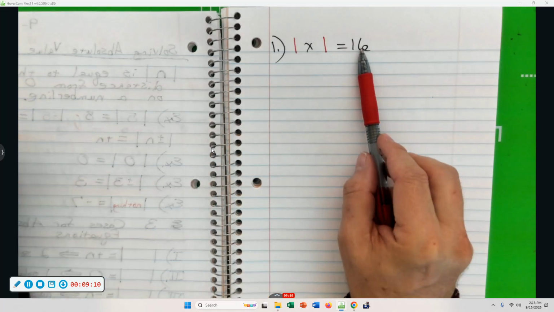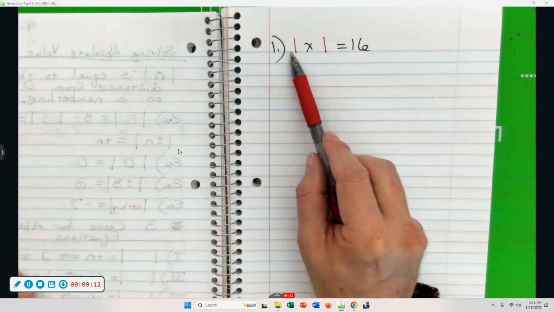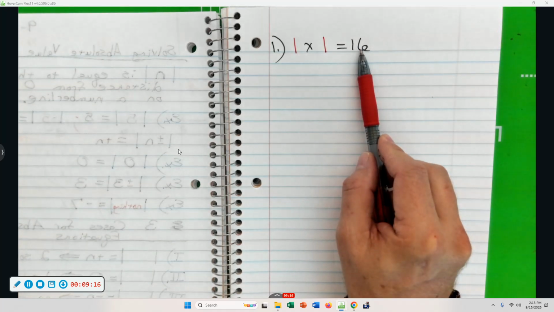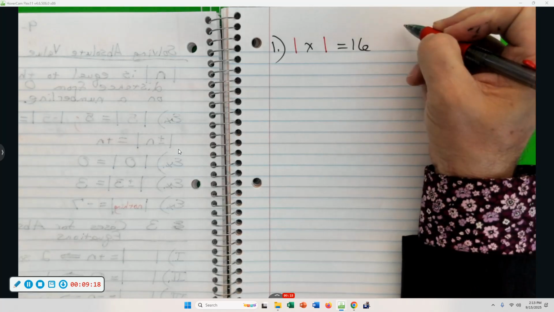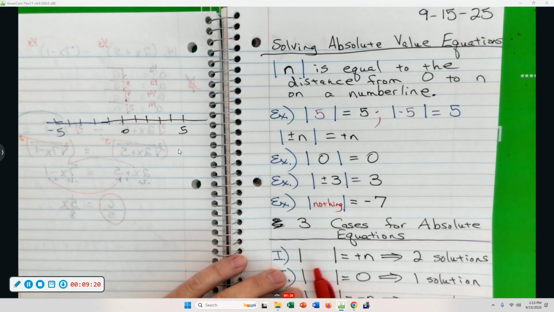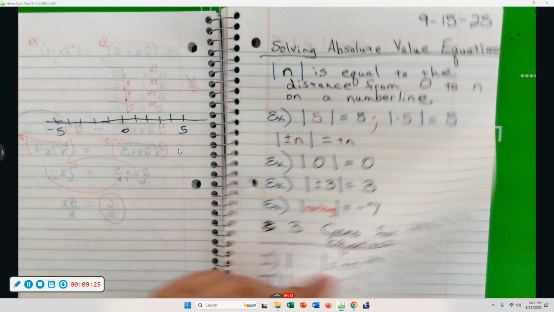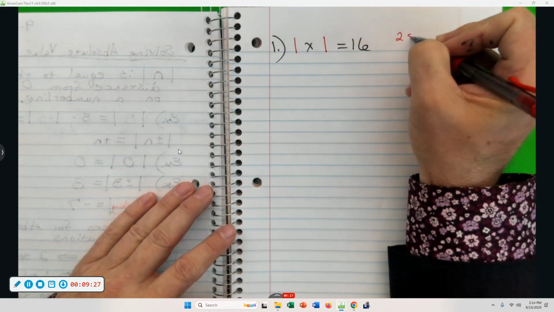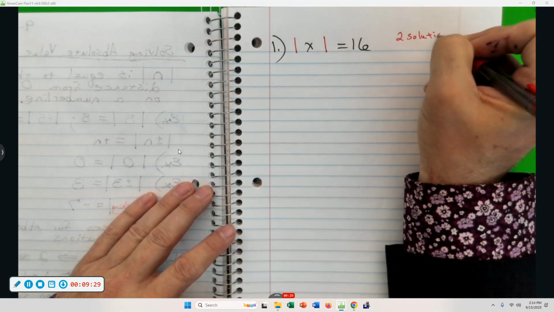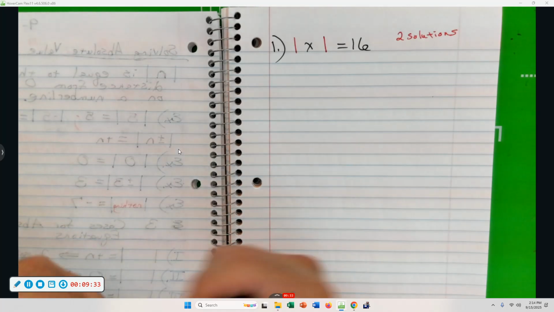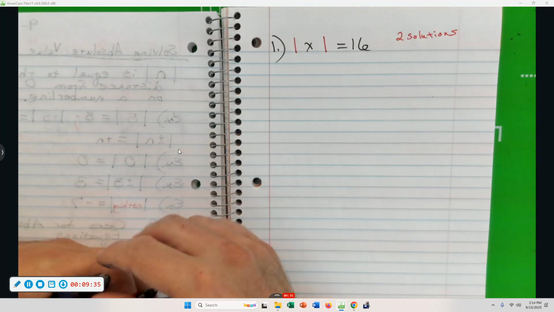This is a positive number. We have an absolute value by itself. We have a positive number on one side. That means we expect there to be, when you have an absolute value by itself and a positive number on the other side, you expect 2 solutions. Well, actually, I didn't need to write that down because there's not really any work left here.